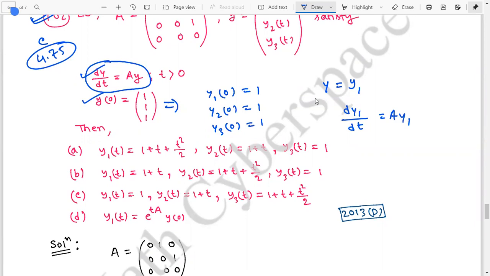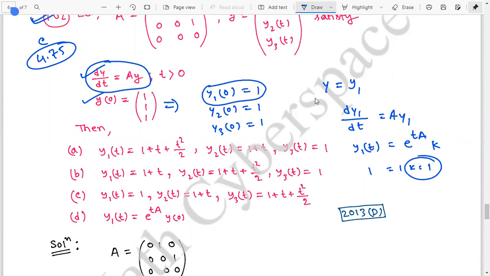Solving this, we get y1(t) equals e^(tA) times some constant k. Now, if we use the initial condition y1(0) = 1, then 1 equals e to the power 0, that will be 1, and k equals 1. So k is equal to 1.